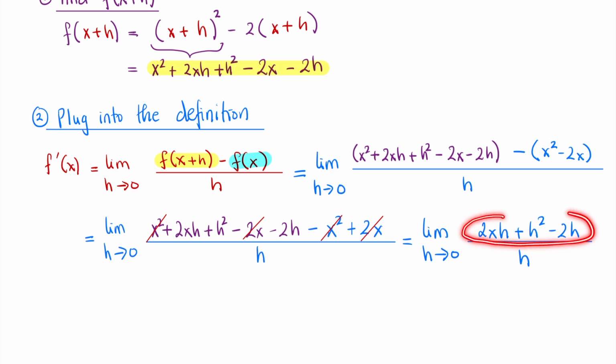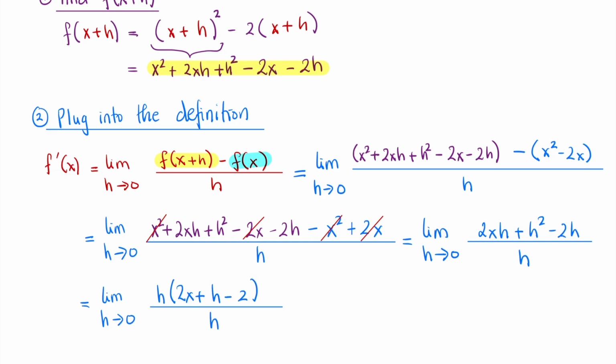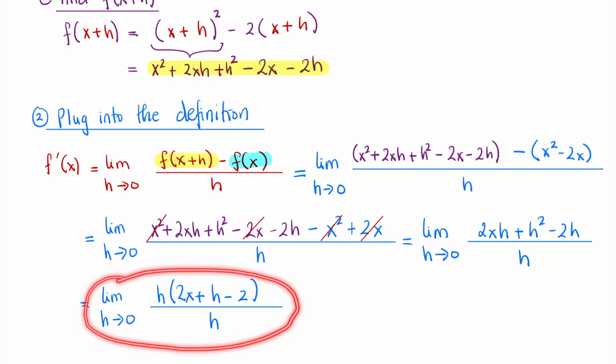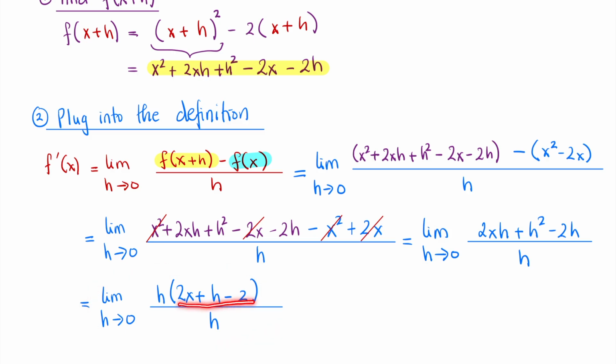From the numerator, we'll factor out the common factor, in this case h. So we have limit as h approaches 0 of h times 2x plus h minus 2, all over h. Now, cancel the h.